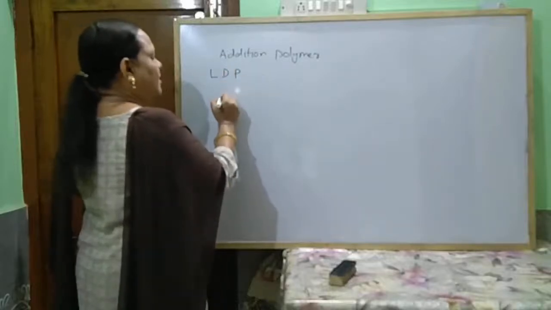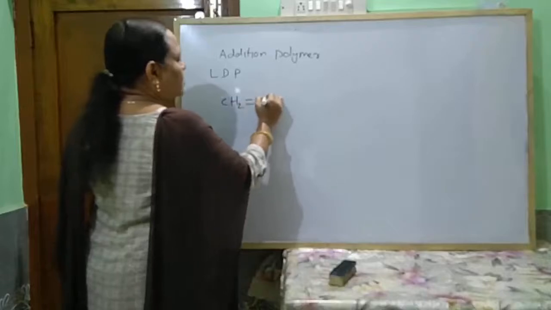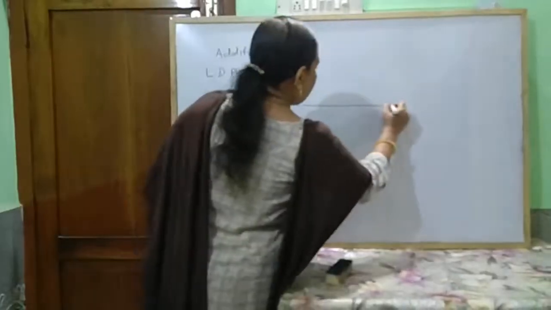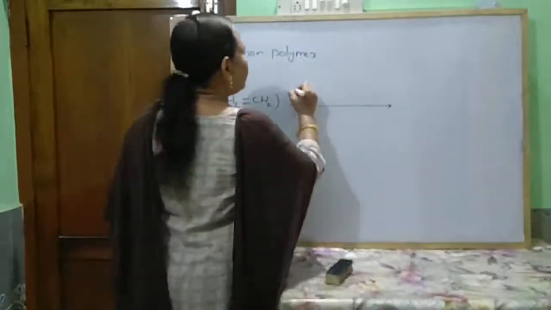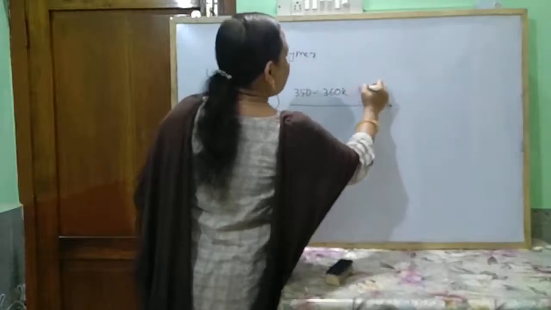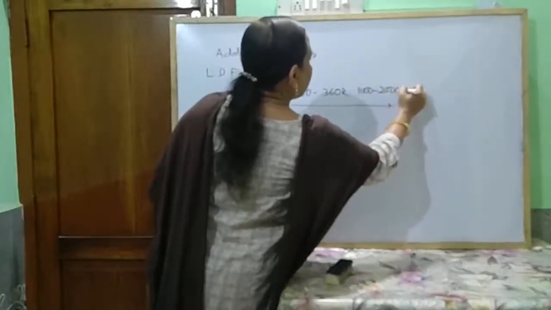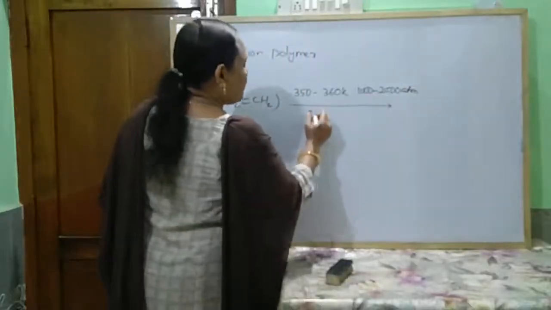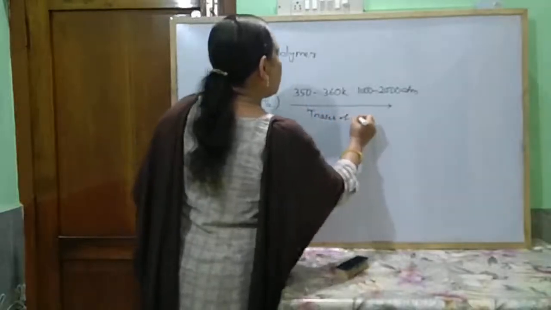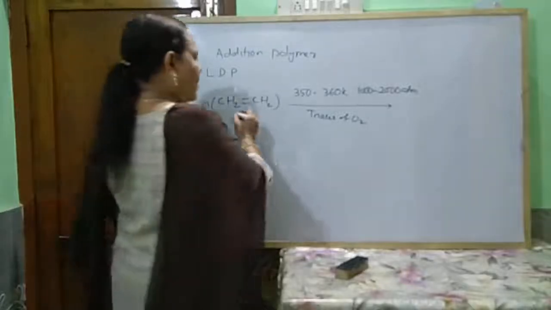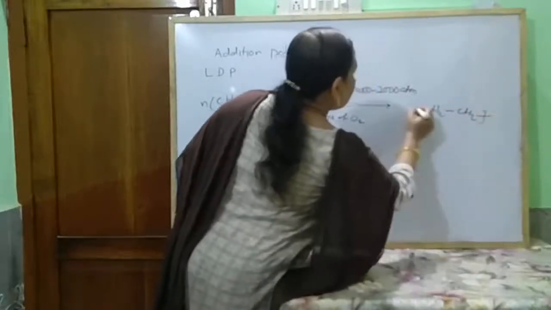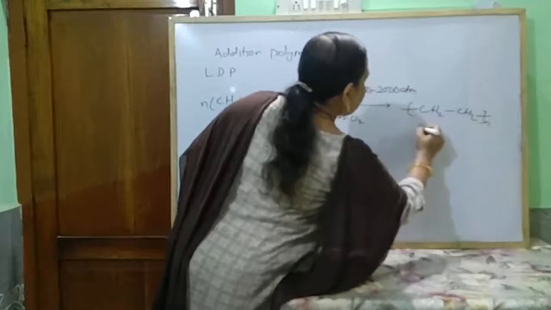Now, low density polythene. The monomer is ethylene, CH2=CH2, n number of these. It undergoes polymerization at a temperature of about 350 to 360 Kelvin and 1000 to 2000 atmospheric pressure, in the presence of traces of oxygen or peroxide, and it gives polythene.